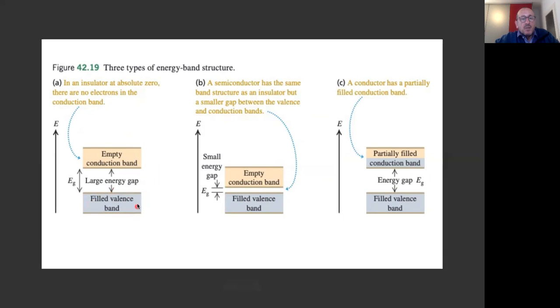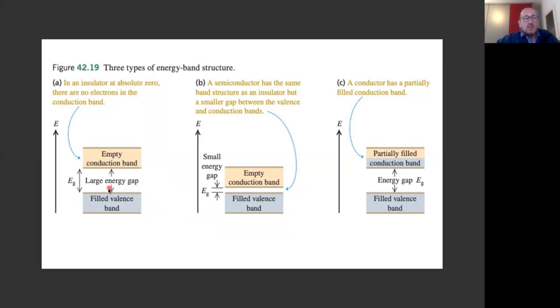This is the one that is completely filled, and the one on top is completely empty, and there's a region of energy values that are not allowed. So this is what is called the energy gap, okay?